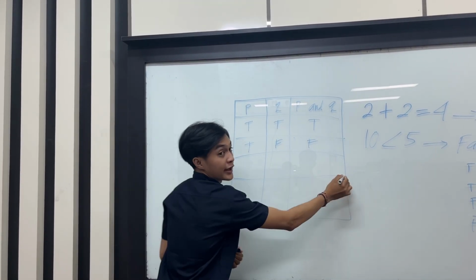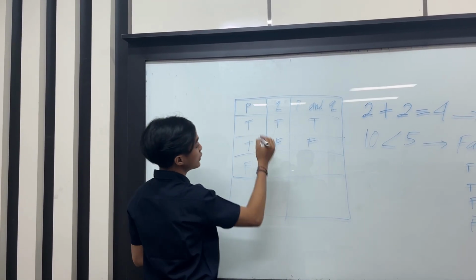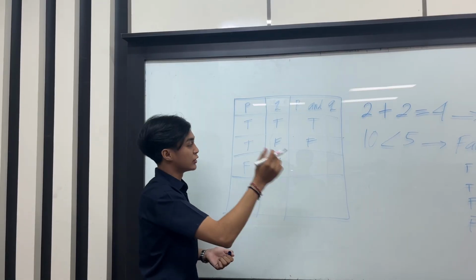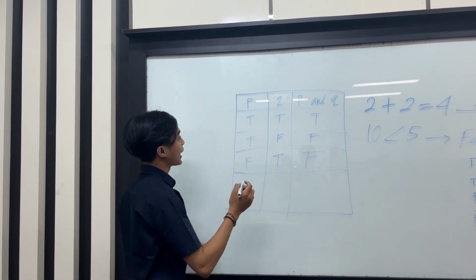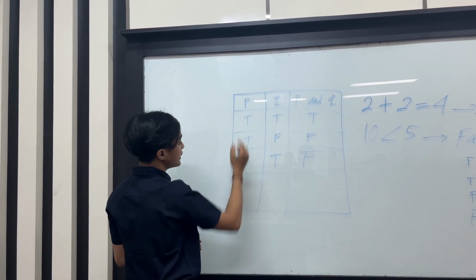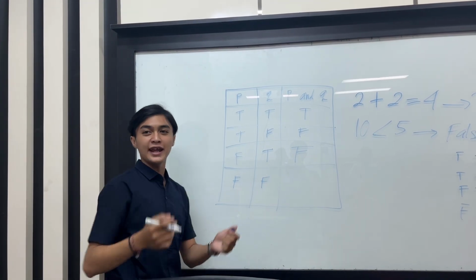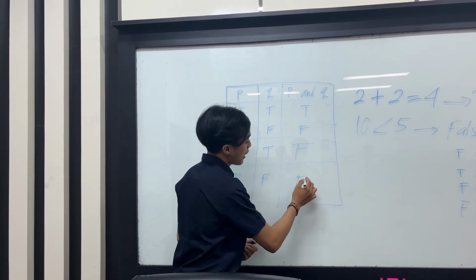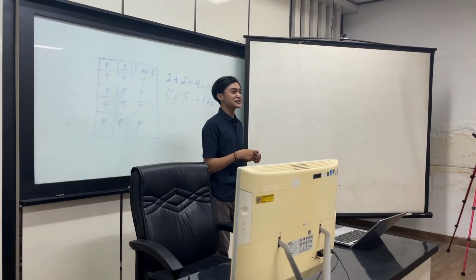If P is false, Q is true, so P and Q is false. The last is if P is false, Q is false, so P and Q is false. Do you understand what I say? Yes, I understand, sir.